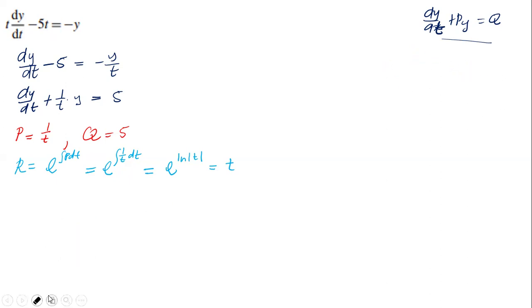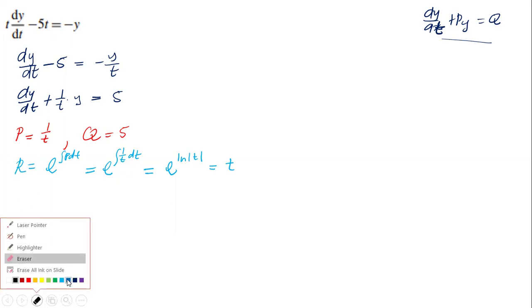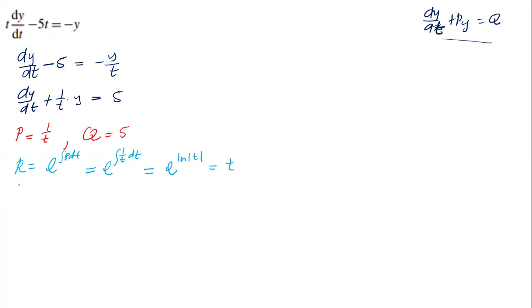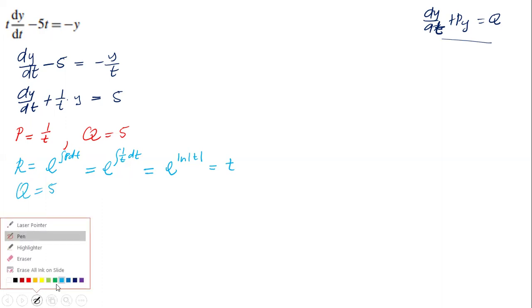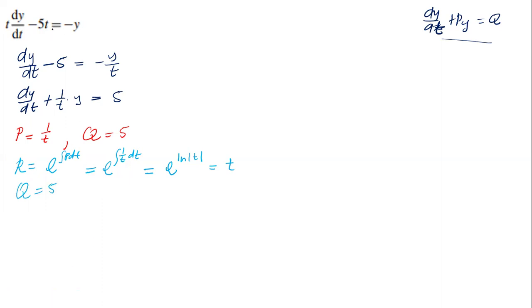So now, that means our integration factor will be equal to t, right? And then remember, q will be equal to 5. Now, what is the second step? The second step is to write the formula for this linear.